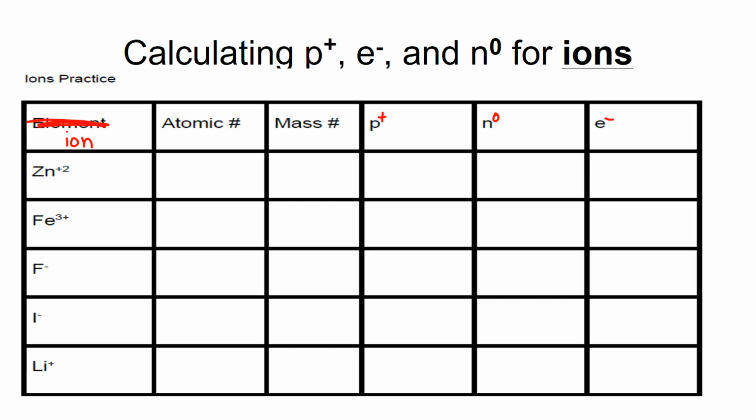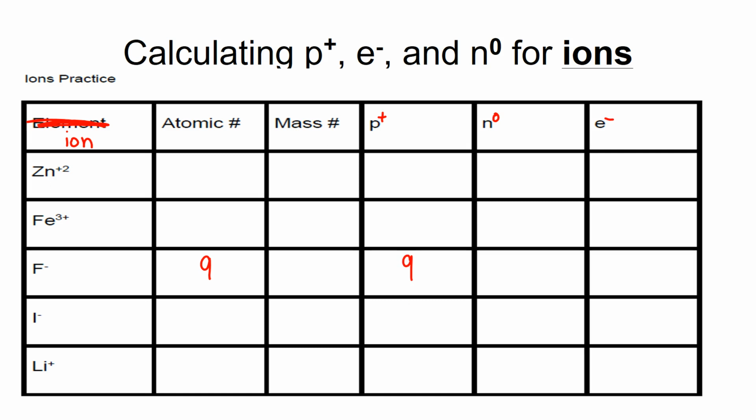So we'll do fluorine together real quick, and then I'll let you take a minute and do it on your own. So fluorine has an atomic number of 9. So what does that atomic number tell us? It tells us protons, right? That never changes. Atomic number always equals the protons.